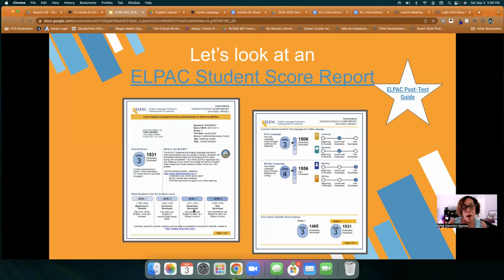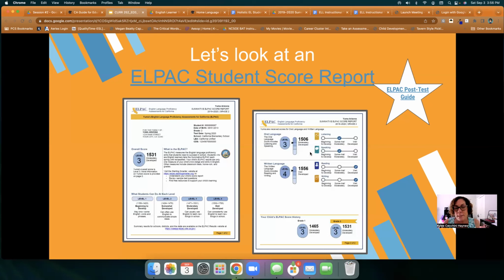So if we want to bump her from a 3 to a 4, well, actually, I'm getting ahead of myself. So let's just look at this. So she's a level 3 here, almost a 4 in her oral language. And when we look at breaking that down into listening and speaking, the oral language part, she's in the middle. She's 2 out of 3 for listening and speaking, about even, right?